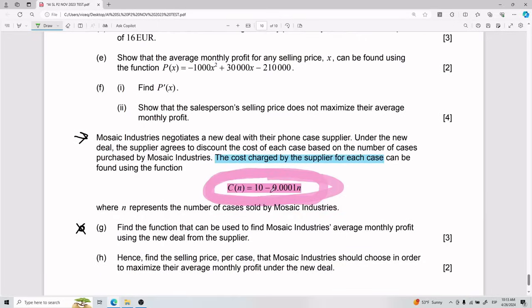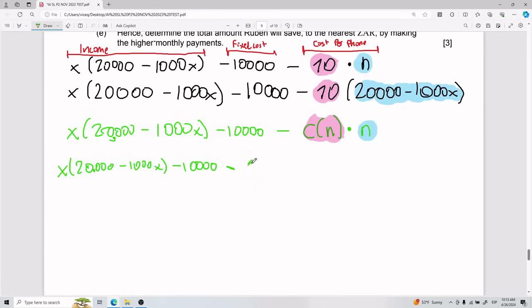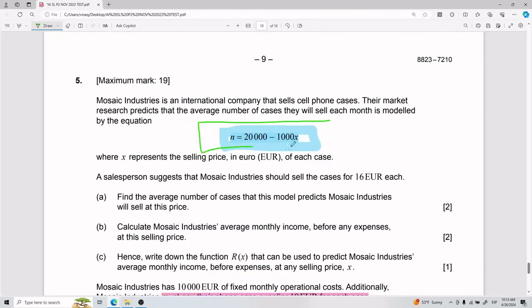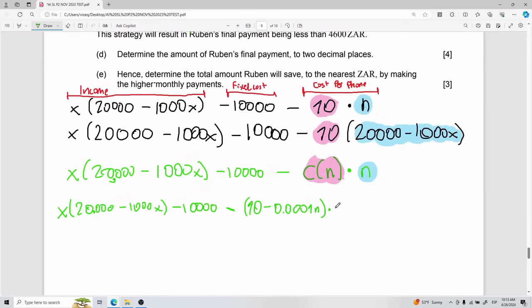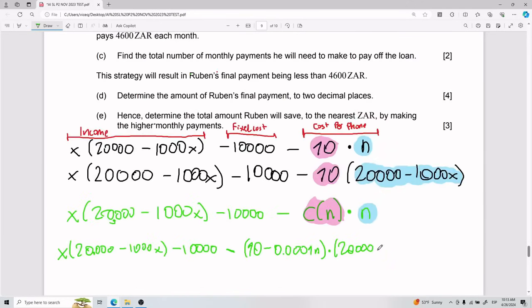So C of n is 10 minus 0.0001n, times n, right? And we said that n was this guy. Times 20,000 minus 1,000x.